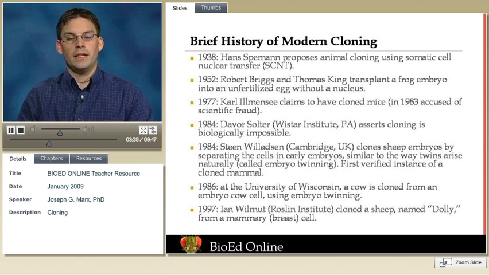Embryo twinning involves separating cells at the 2-cell stage and planting them into separate mothers, essentially producing identical clones. However, in 1997, Scottish researchers were able to successfully clone an animal using somatic cell nuclear transfer. And this is the sheep Dolly that we've all heard about.